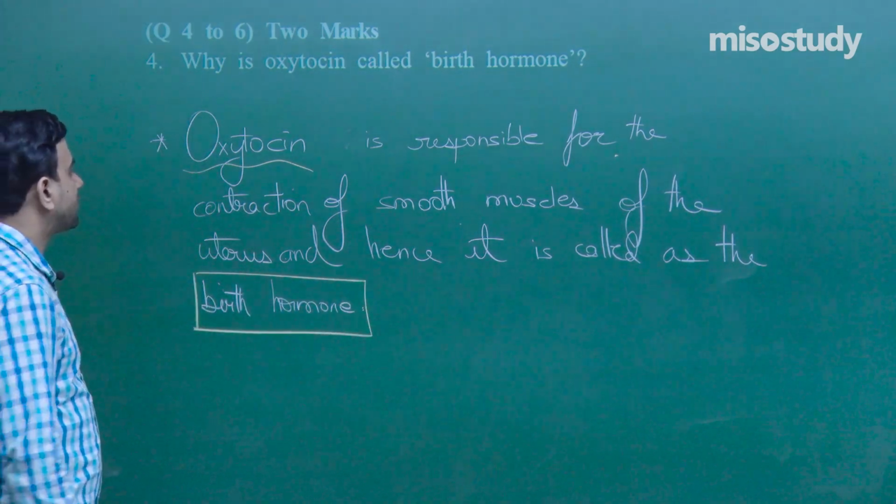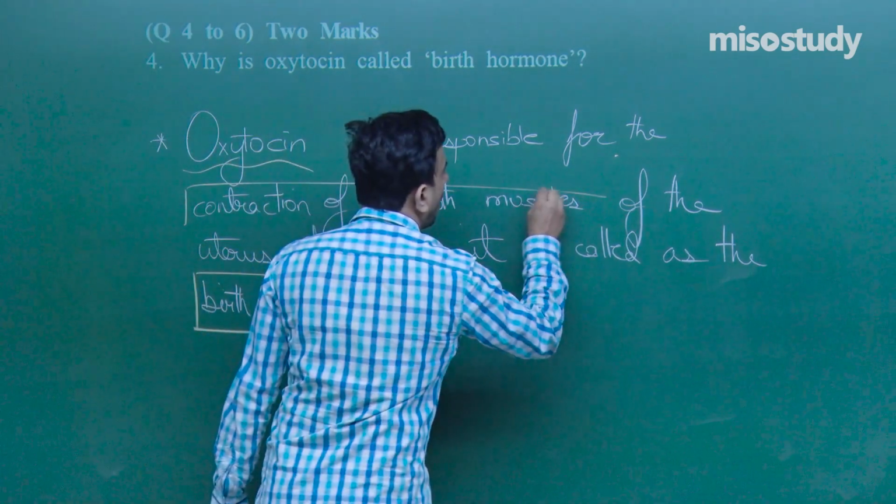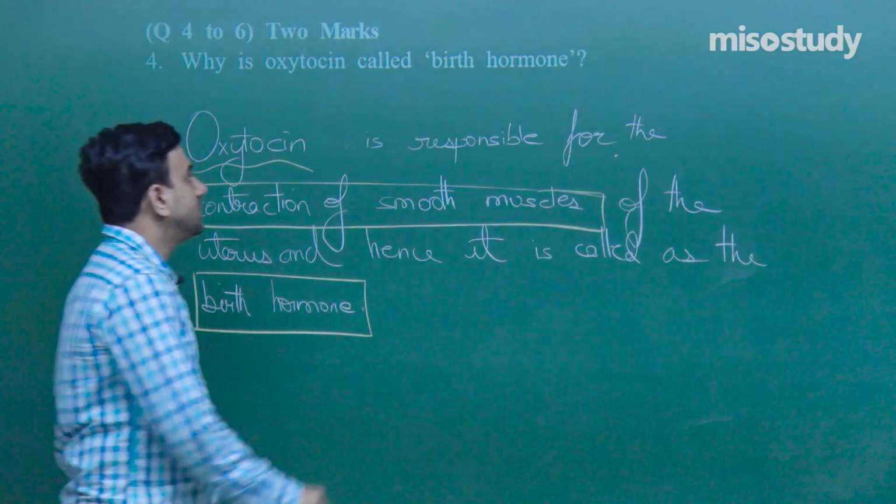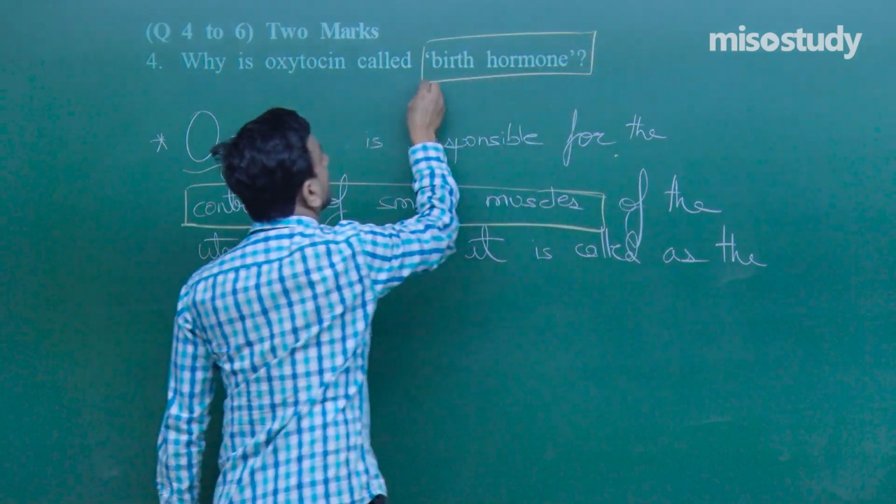So oxytocin is responsible for the contraction of the smooth muscles of the uterus, and hence this will be called the birth hormone.